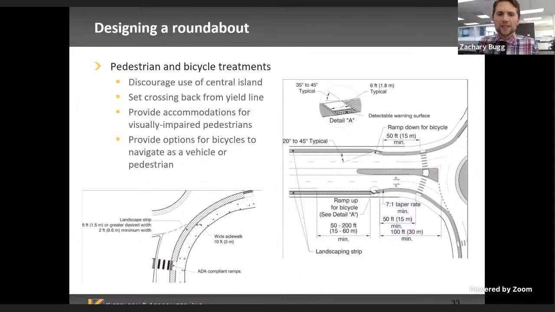Someone who is sitting at the yield line is now solely focused on looking for conflicting traffic in the roundabout, whereas somebody who's approaching the crosswalk, upstream of the roundabout, can be looking for pedestrians or cyclists in the crosswalk, and not having to look out for other vehicles in the roundabout. That's typically what we want to do, and I don't like to see a crosswalk put right up against the yield line.